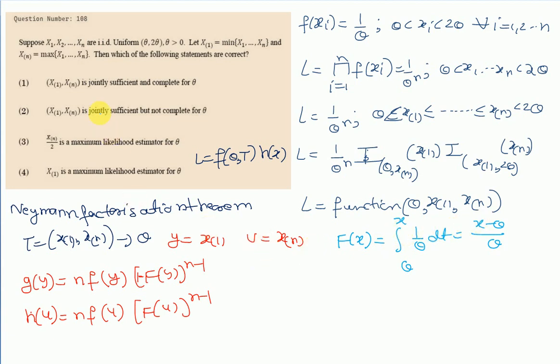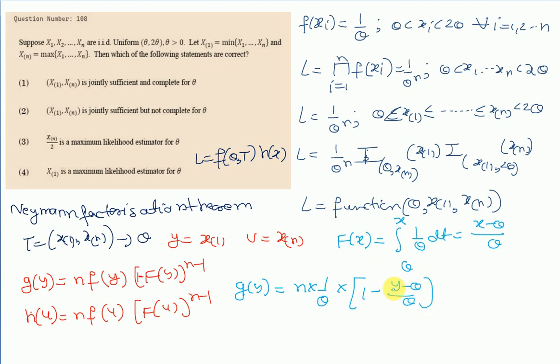Now g of y can be written as n of f of y, which means the density function of x written in terms of y, which is 1 upon theta, times 1 minus F of y. F of y is y minus theta upon theta.